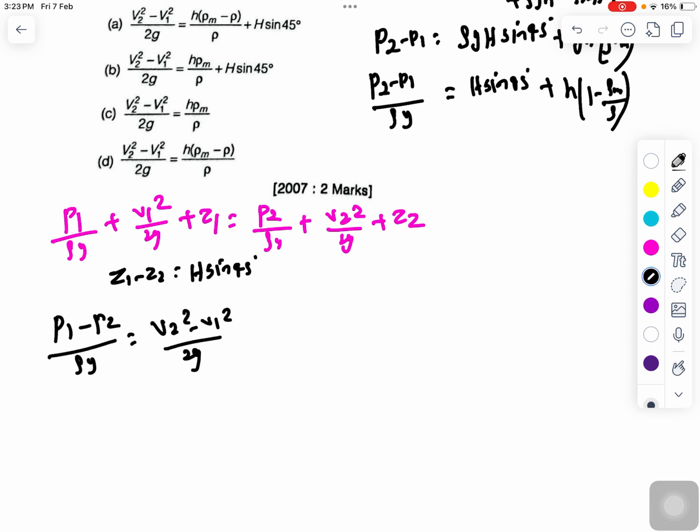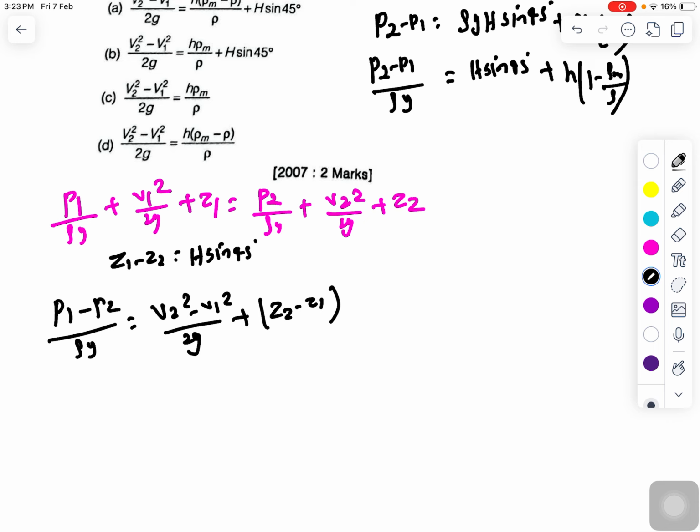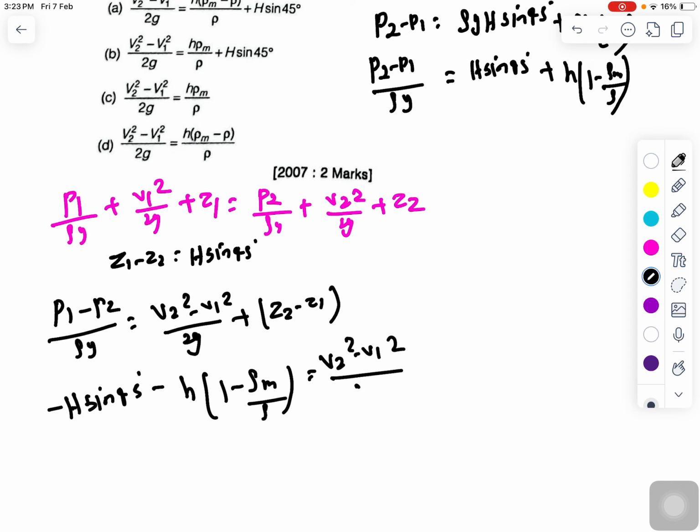And P1 minus P2 by rho z is equal to minus h sine 45 degree plus h into 1 minus rho m by rho, that is also in minus because there is minus, that is equal to V2 square minus V1 square by 2z plus again Z2 minus Z1 will be equal to minus h sine 45.